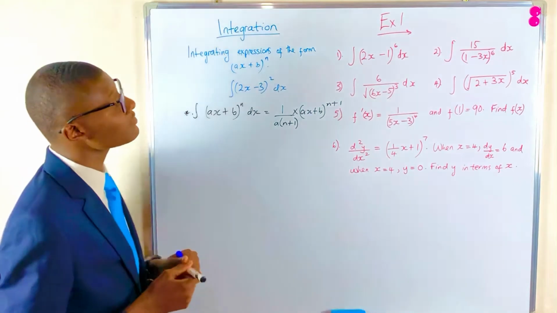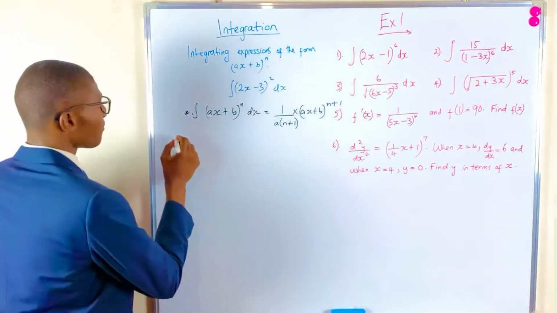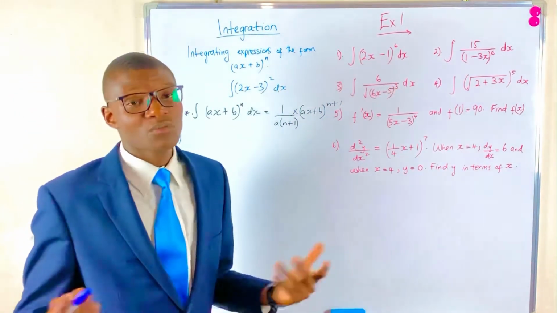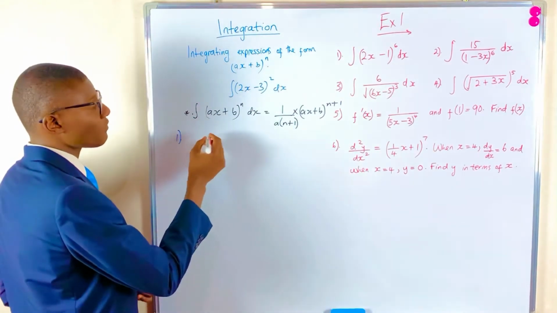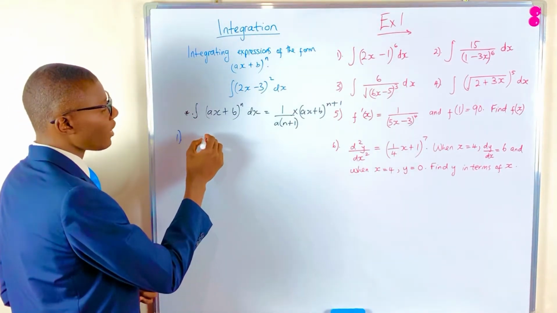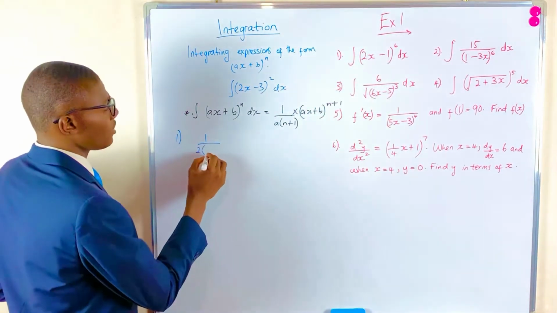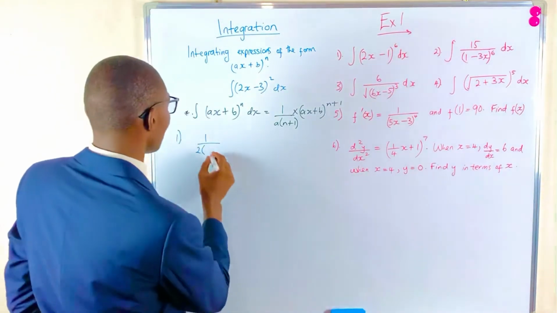Now let's attempt those questions that require us to find the integral. With number 1, we want to find the integral of (2x - 1)^6. So we say this result would be 1 over the derivative of what's inside the brackets, we get a 2, multiplied by the power n + 1, 6 + 1, you get a 7.